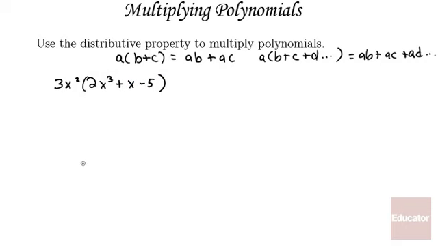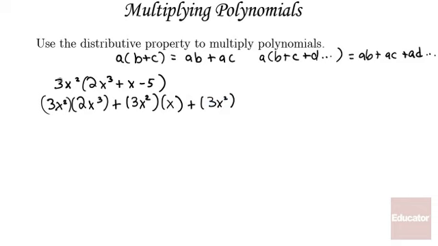I'm going to use the distributive property right here, and I'm going to multiply 3x squared times 2x cubed, plus 3x squared, now applied to this term, x, and then 3x squared again times negative 5.